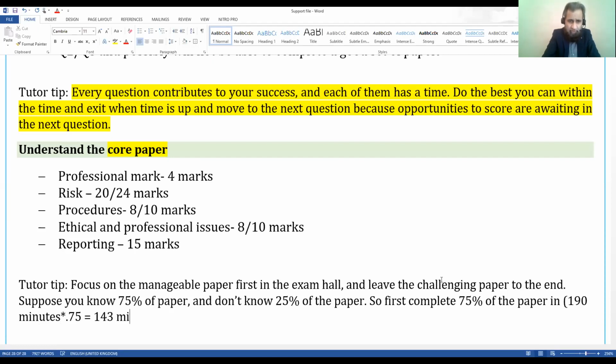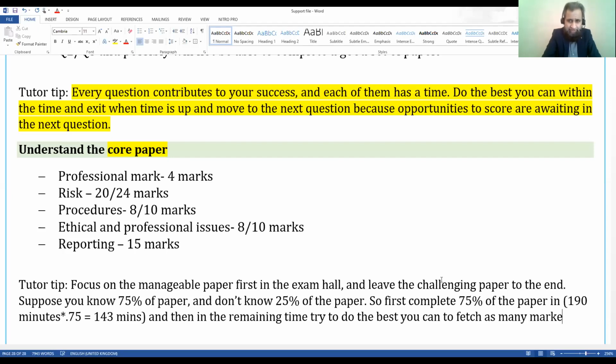Rounding it off. And then in the remaining time, try to do the best you can to fetch as many marks as you can out of the 25 marks you don't know. In how much time?